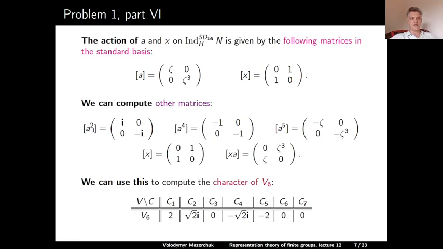The class C3 contains A squared, and the trace of the matrix with i and minus i on the diagonal is 0. C4 contains A to the power 5, so here we have minus zeta and minus zeta cubed, so the trace is minus the value on C2, minus root of 2 times i. C5 contains A to the power 4, the trace is minus 2, and C6 contains X, the trace is 0, C7 contains XA, the trace is again 0.